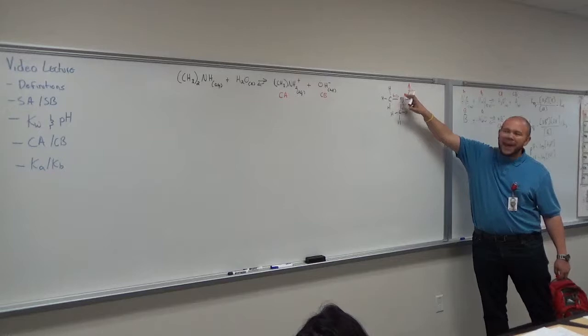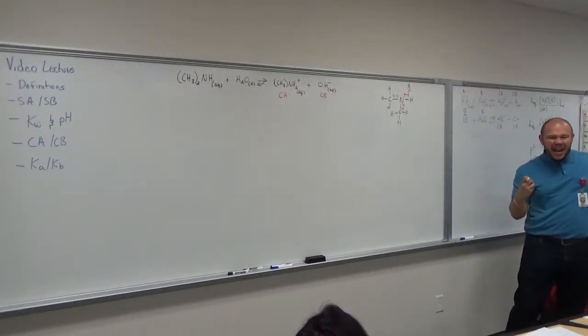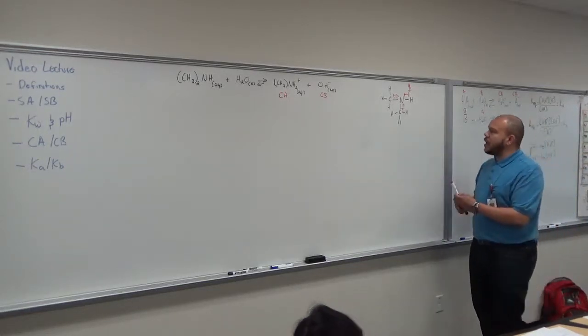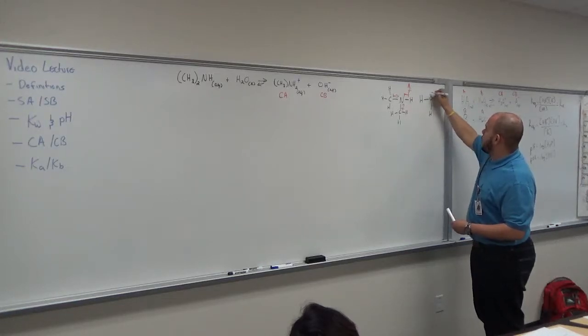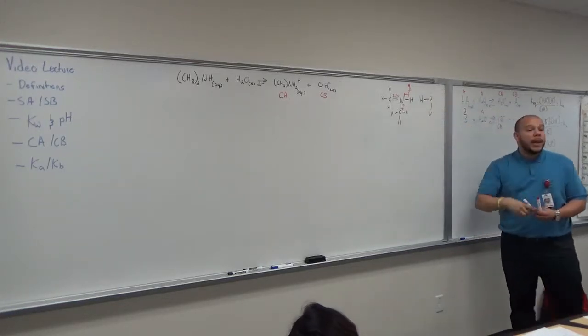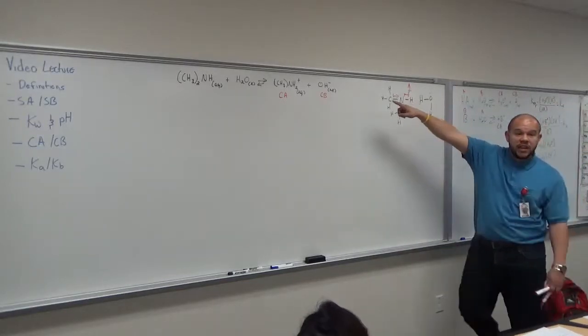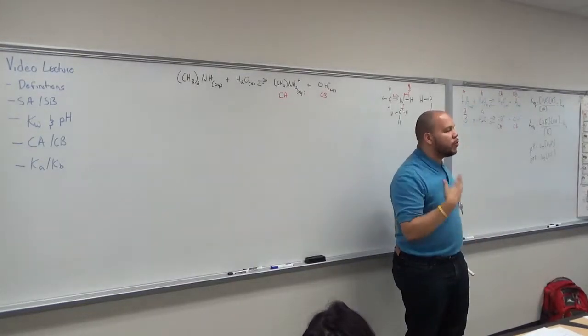Well, this lone pair here, and because of the polarity, the electronegativity of the nitrogen itself, the hydrogen associated with the water is essentially plucked from the water. So what we're seeing in this reaction, not only do I expect you to be able to write this reaction, I need you to understand what's going on.